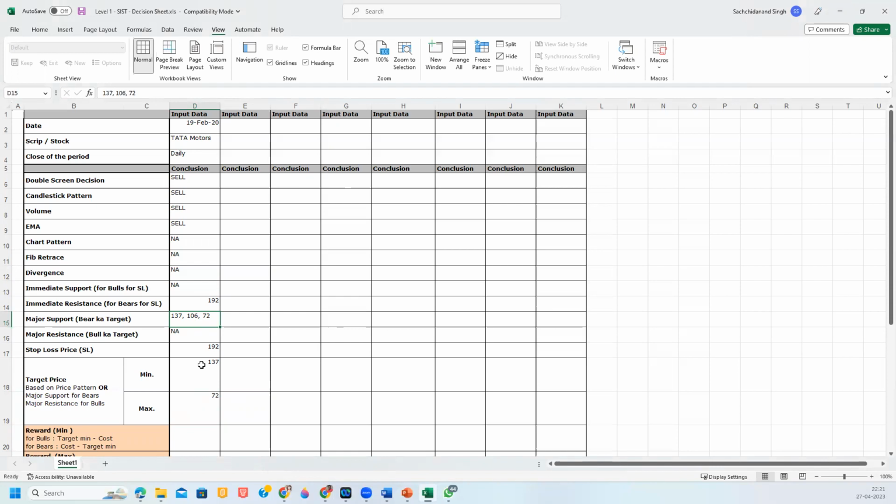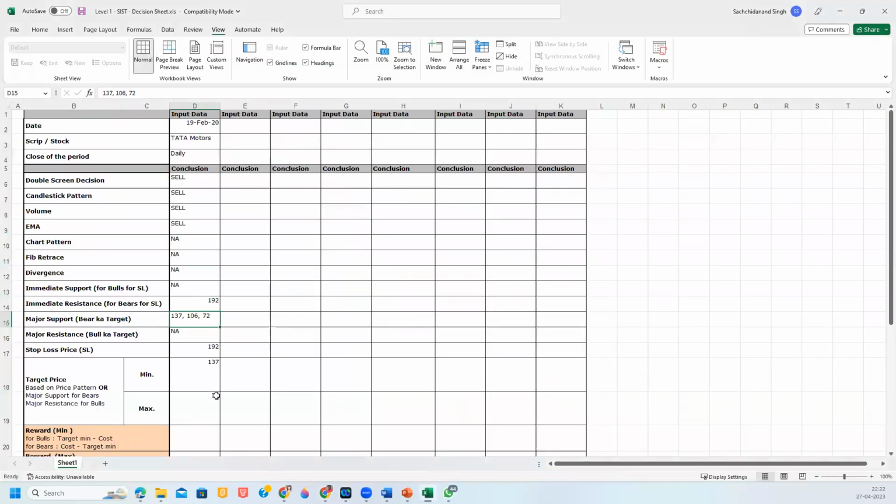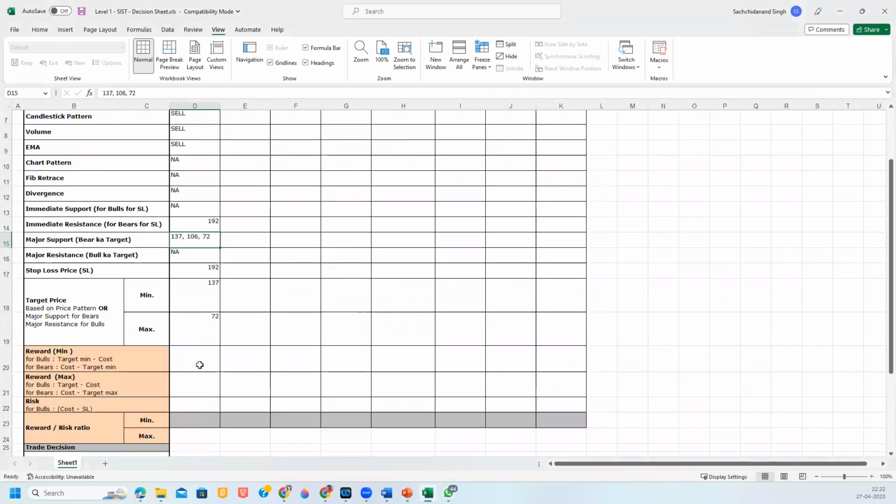Whenever the price falls from this price point, it will first touch the target T1. So suppose we are selling at 158, we are going to buy at 137 on the first target. And the maximum, as per this analysis, can go up to T3, and the value of T3 is 72. That is how we mention these two values.